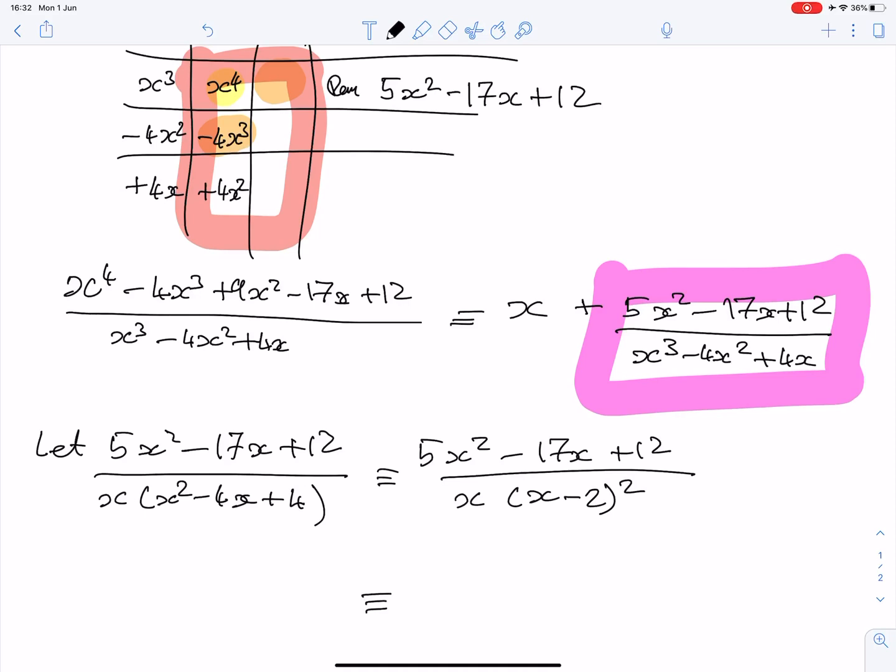So we're going to let this be a over x plus b over x minus 2 plus c over x minus 2 squared.